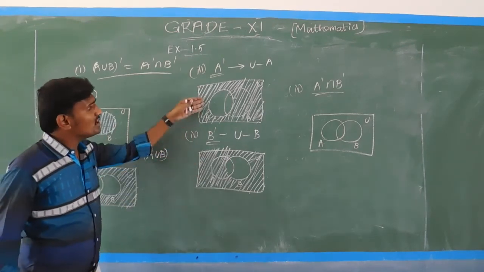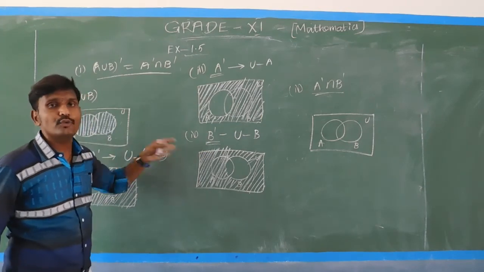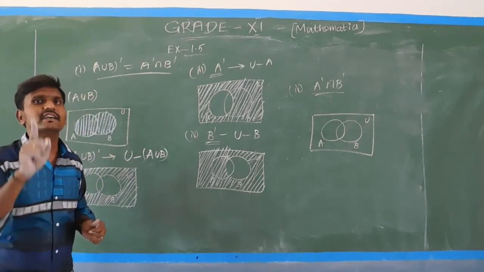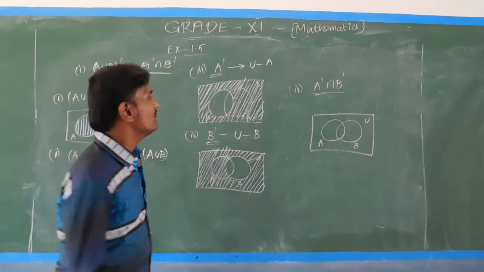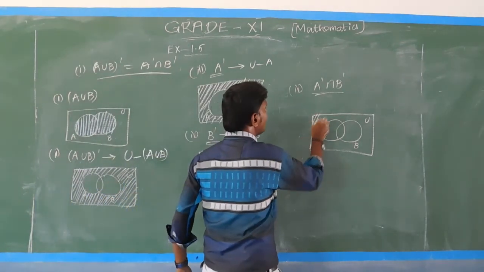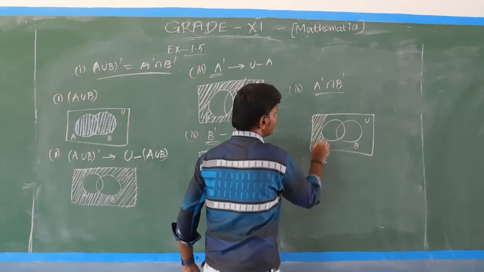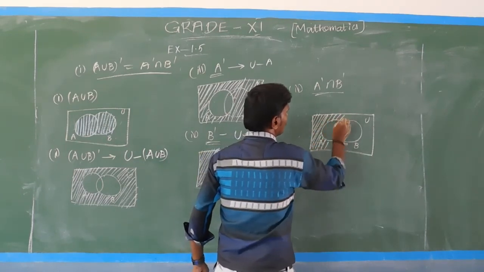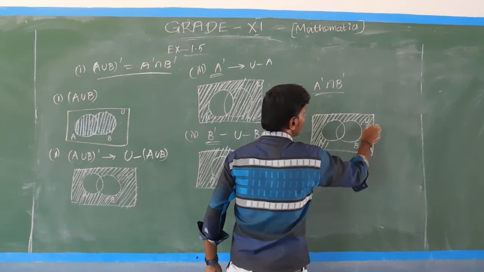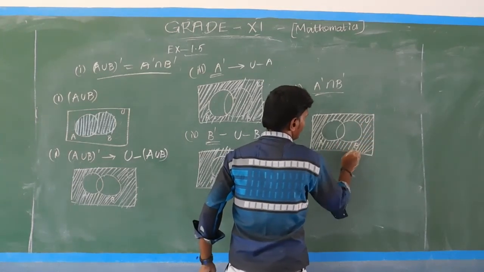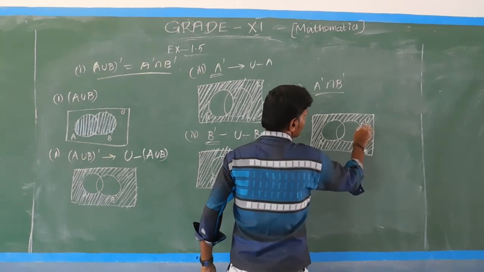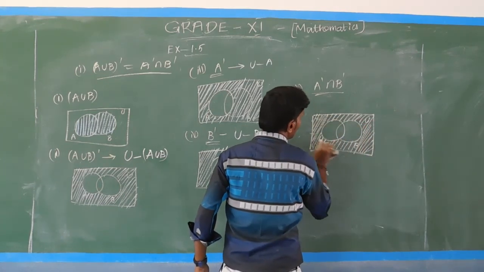So what is the common place we are sharing in the above two diagrams? Only the universal is the part we are sharing on both A dash and B dash. So this is your proof. You can draw a crossed line or a standing line, anything you wish.